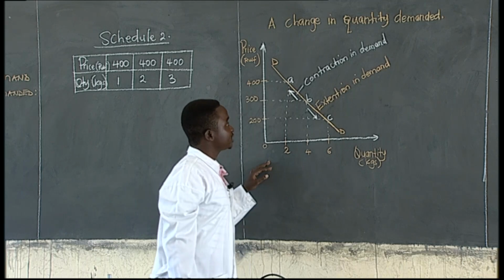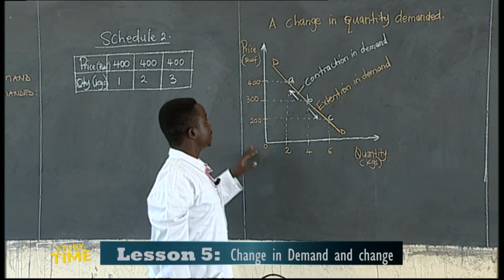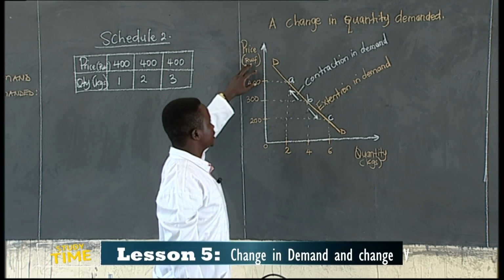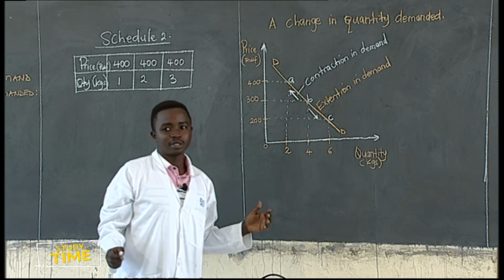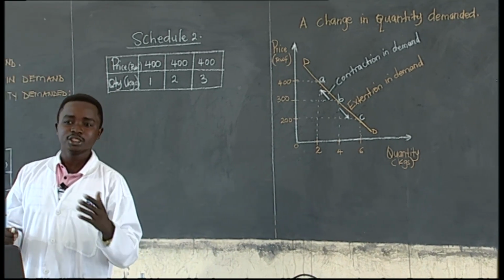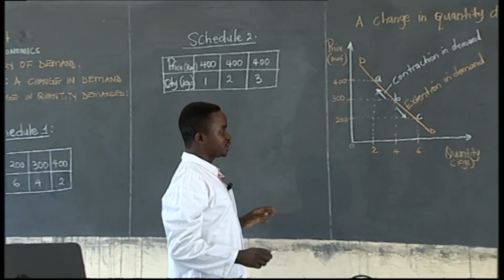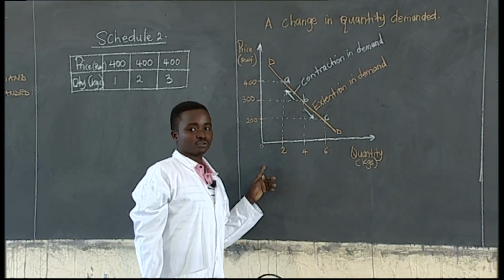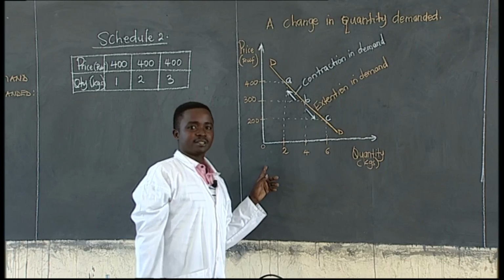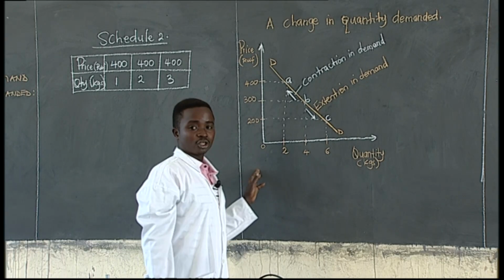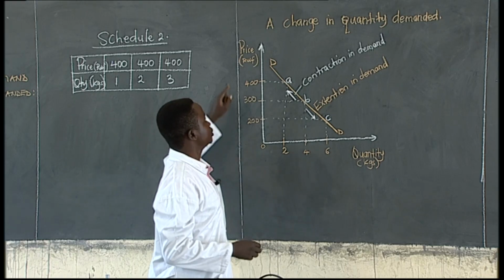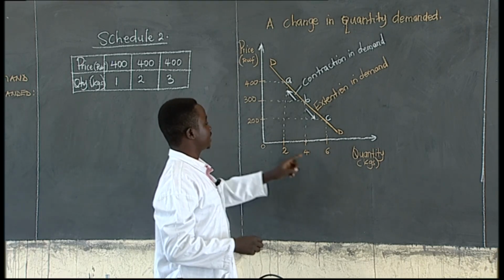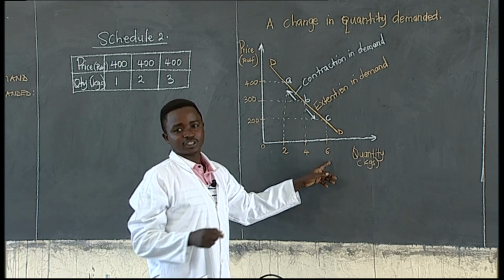It is only one factor under investigation, and that is price that is varying, while other factors like future price expectations and seasonal changes are held constant. So a change in quantity demanded is a decrease or an increase in the quantity demanded of a commodity due to a change in price when other factors are kept constant.